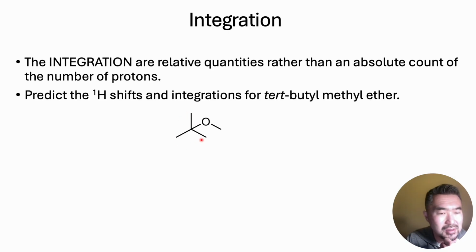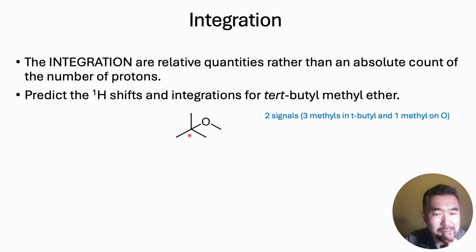There's these 3 methyl groups that are the same, because this bond can rotate, so that makes these 3 methyl groups equivalent, and each of the methyl groups has 3 hydrogens in it, but each of these bonds can rotate, and so that makes all of these 9 protons equivalent.